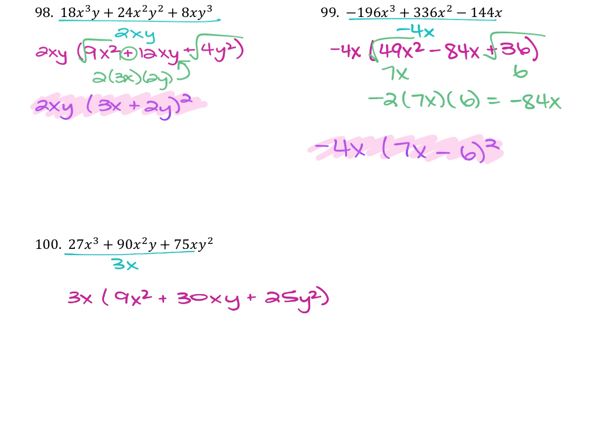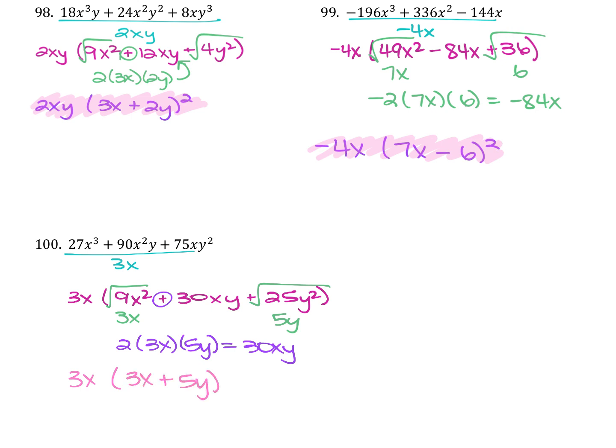You have a perfect square trinomial here. Take the square root of the 9x squared, that's 3x. Take the square root of the 25y squared, that's 5y. If you did a positive 2 times 3x times 5y, that gives us the 30xy. So this factors out fully to be 3x times 3x plus 5y to the second power.